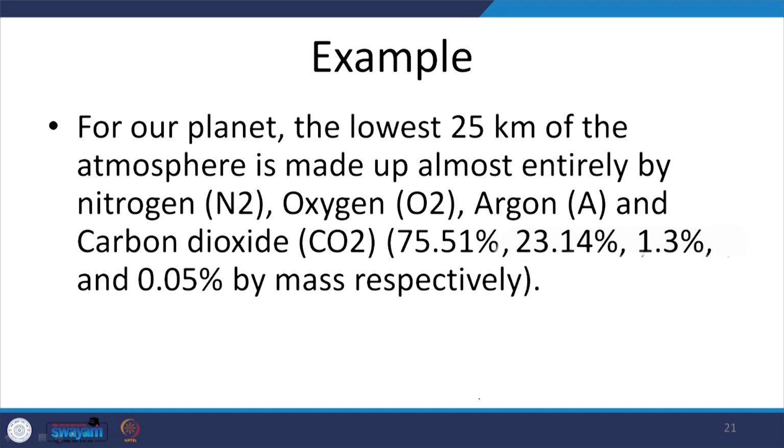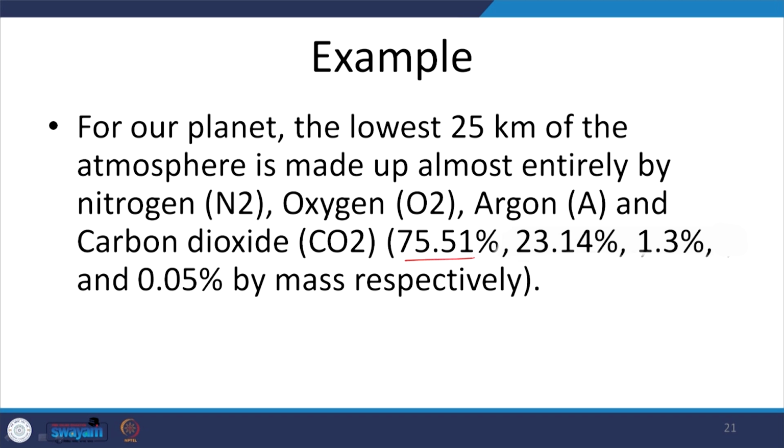So, we take an example for our planet. Let us say the lowest 25 kilometers of the atmosphere is made up almost entirely of nitrogen, oxygen, argon and carbon dioxide. N2, O2, argon and carbon dioxide make up nearly 100% of the atmosphere.